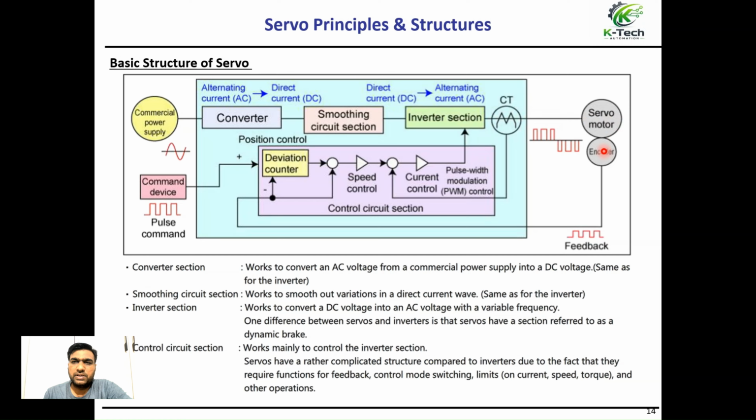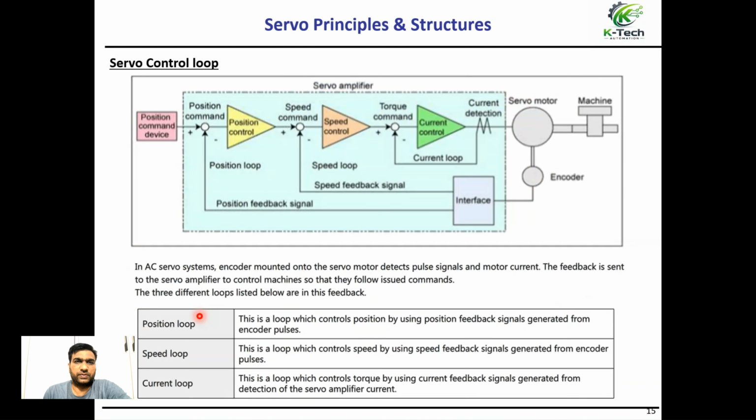The encoder gives the feedback to the deviation counter, and whenever the 100 pulses are completed, the servo motor will stop. Okay, so this is the servo principle and structure.